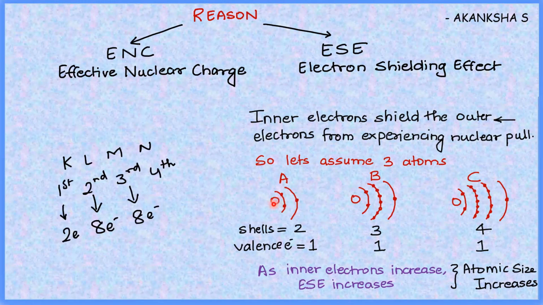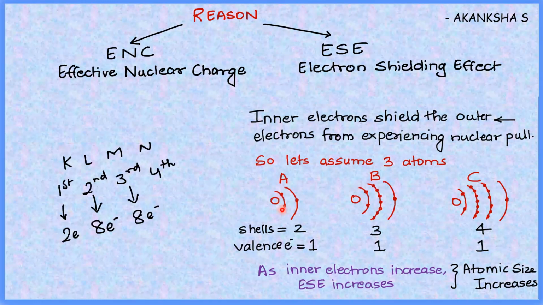That the nucleus can easily attract the valence electron of A. In all these three, A, B, and C, the number of valence electrons is the same, only one electron in the valence shell, meaning that ENC is not creating a problem. What is creating a problem? The barrier which is coming in between.